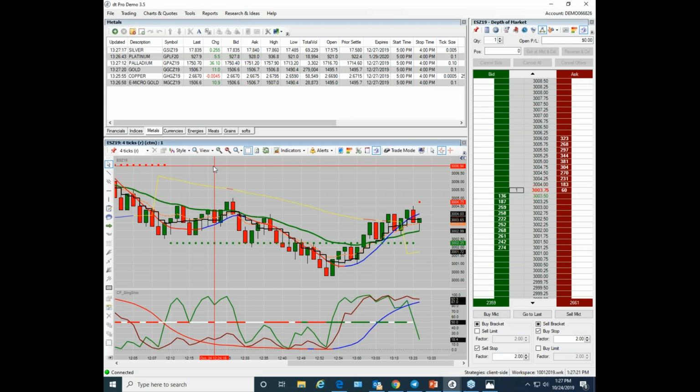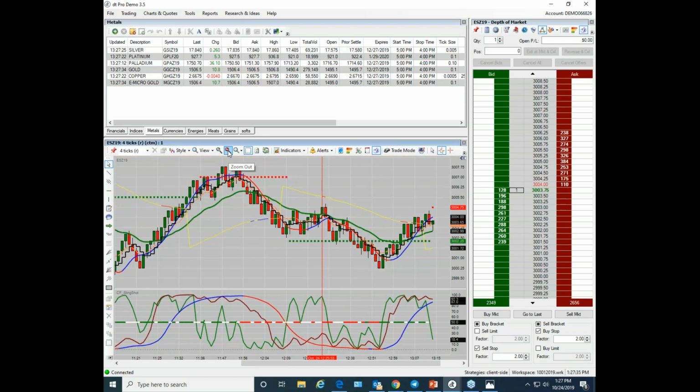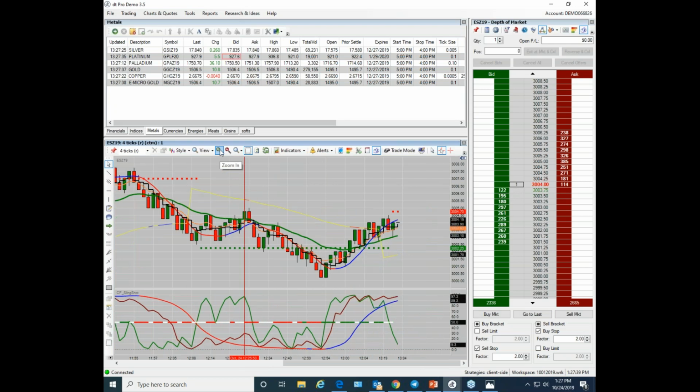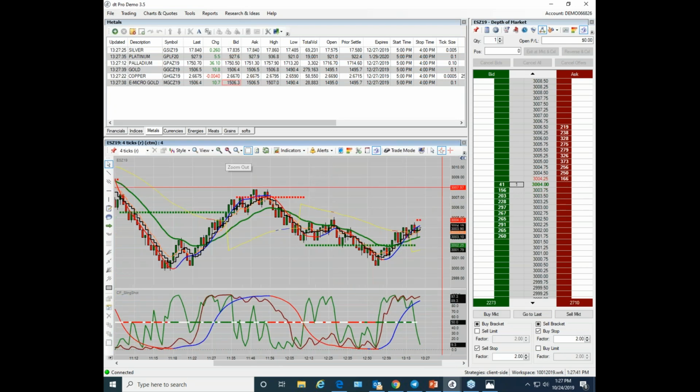Okay, anyone in this game fighting the fight, no, it's not that easy. Okay, so one solution and a good habit to get into is hitting this zoom out button right here. Get in the habit of seeing a little bit more of the landscape of the market, or what the heck is going on to your left.